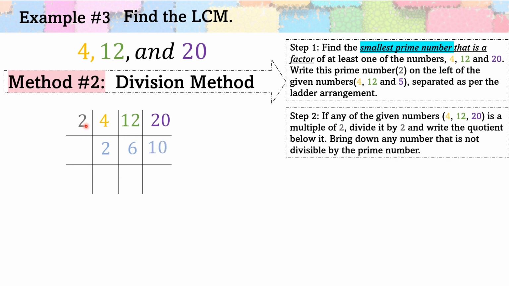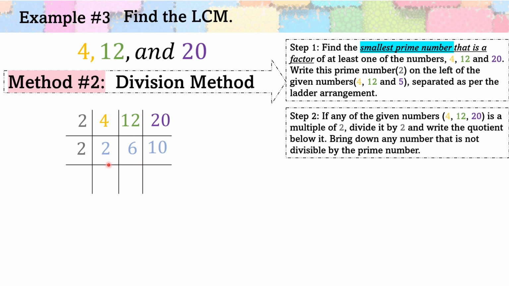So is there a smallest prime number that is a factor of any of the numbers 2, 6, and 10? So there is. Again, it's also 2. Then let us divide because the given numbers are divisible by 2.